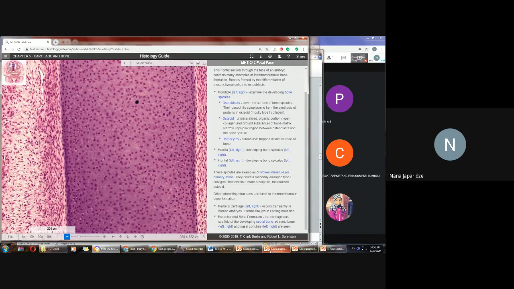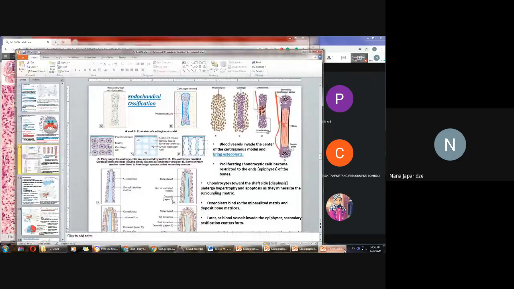So you see here the invasion process by the blood capillaries, and together with the blood vessels, a new mesenchymal cell population invades these empty spaces and covers the surfaces of these bars. Look, these blue stained are calcified bars.